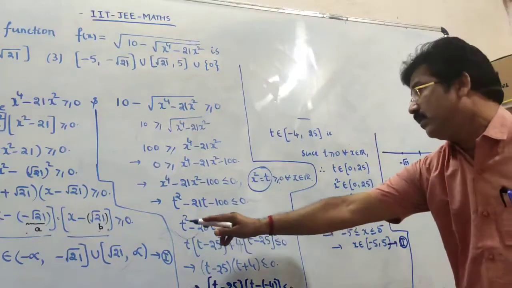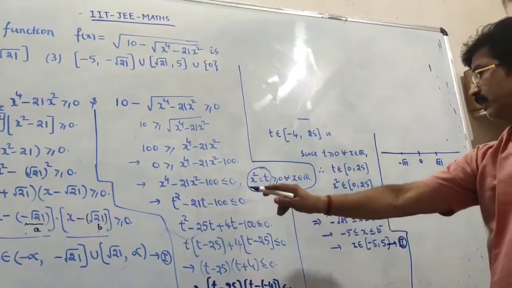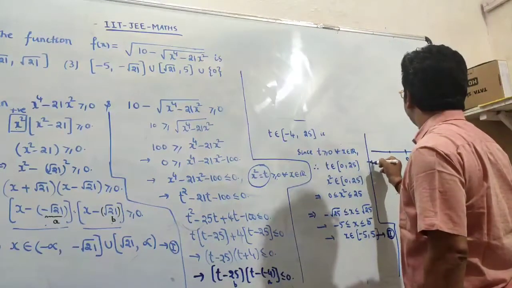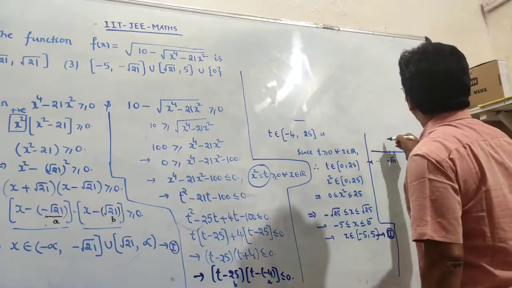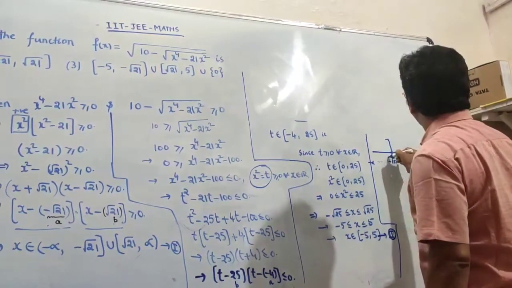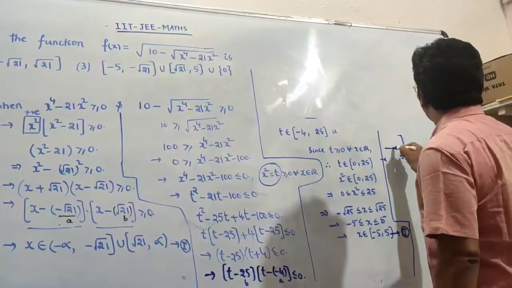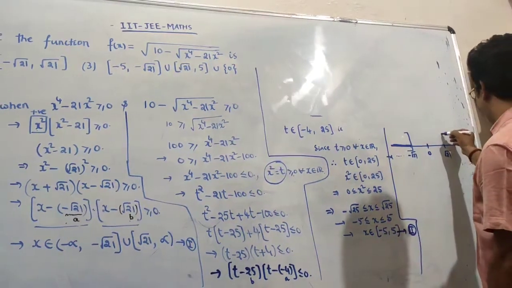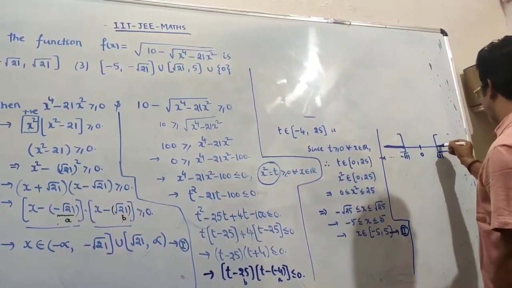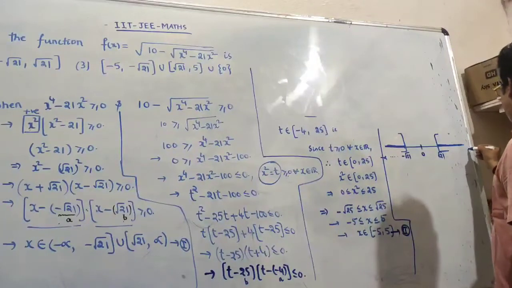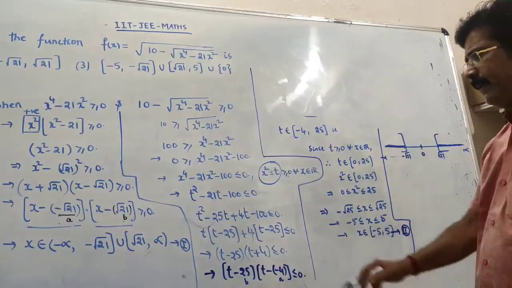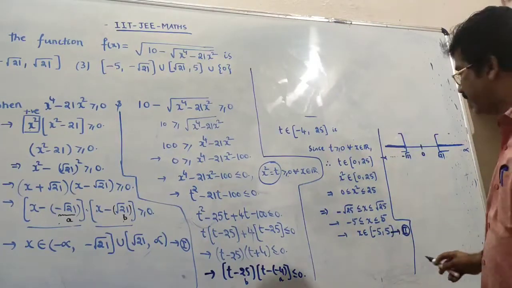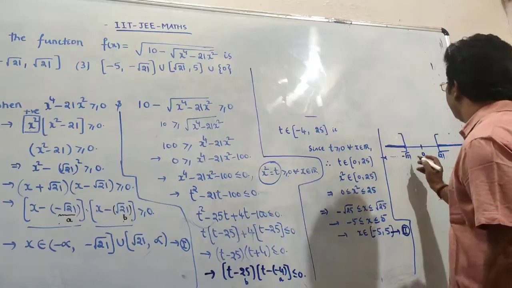Next, according to equation Roman number 1, minus infinity to minus root of 21 means this area is the minus infinity area. So minus root 21 up to minus infinity. Next, this area, the positive area, plus root 21 to plus infinity. Okay. Next, here minus 5 to plus 5, I mean the closed interval of minus 5 comma 5.